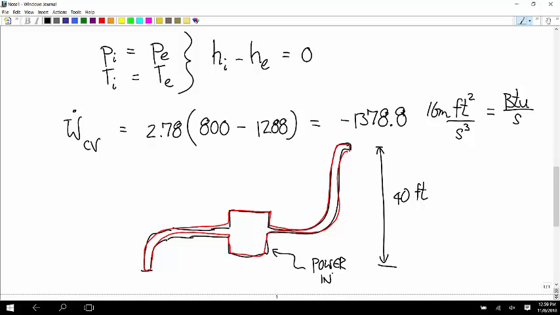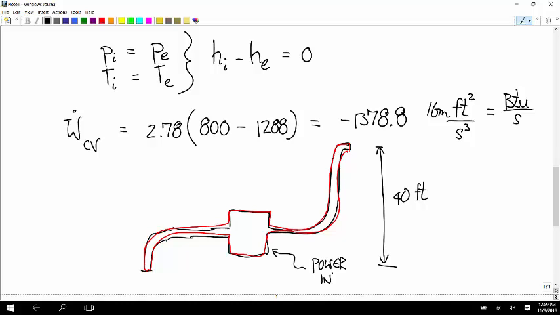Any questions about that? Because our system, this thing is just sort of a black box to us, and we don't know anything about the outer surface of it.